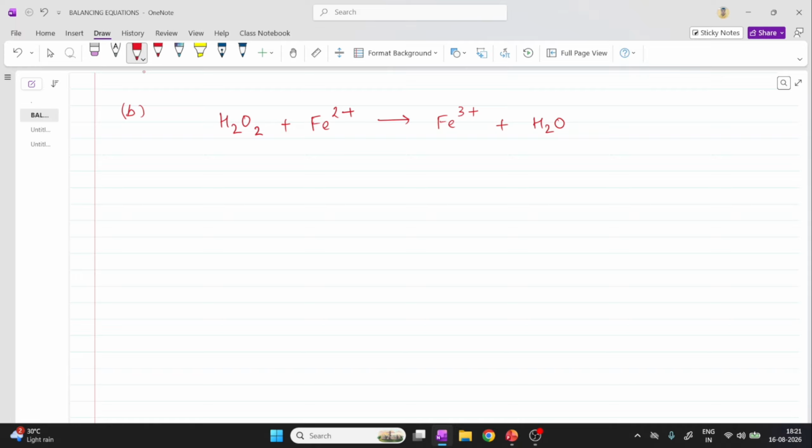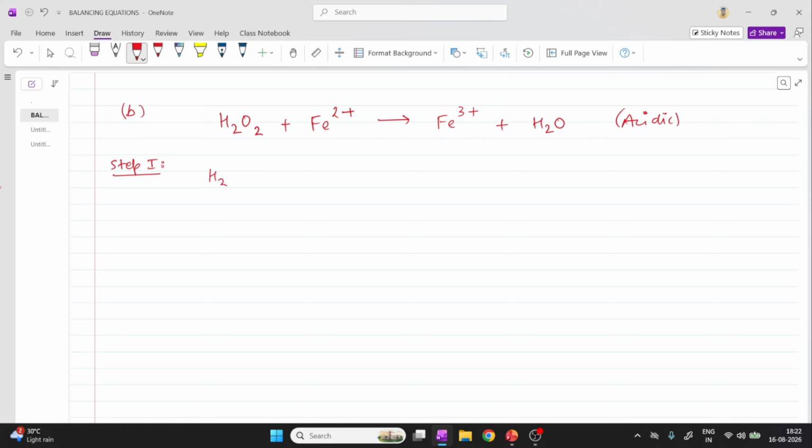First, again, step 1 is the oxidation number method, and this medium is acidic. Step 1 is to find the oxidation number and identify the species undergoing oxidation and reduction.